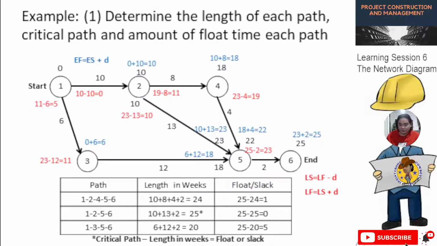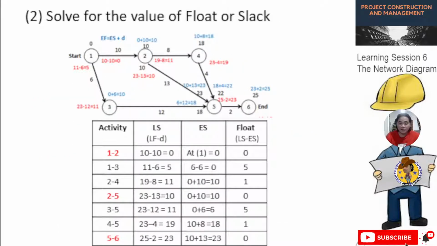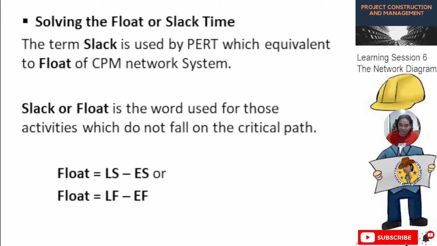Next, we have to solve for the value of float or slack in each activity. In our discussion, it says that slack or float is the word used for those activities which do not fall on the critical path.